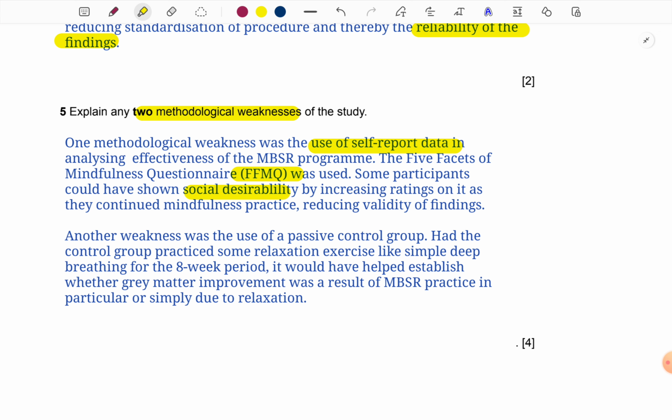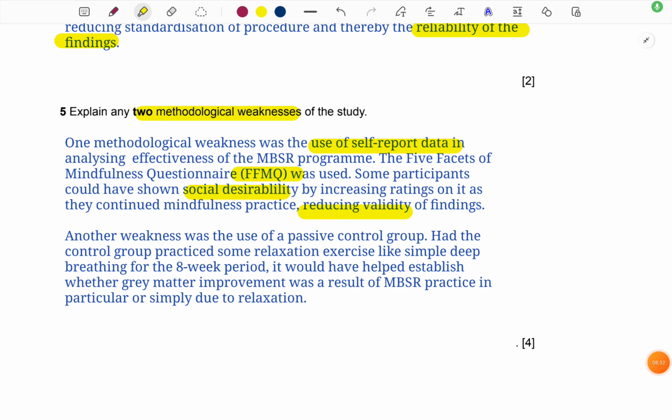Those issues also there. Right now I've taken social desirability. It's simple. Because participants were practicing MBSR, they might have wanted to impress the researcher by indicating that they are getting the benefit of the program and they are improving, the program is beneficial or effective, even if it was not. That would reduce the validity of findings.